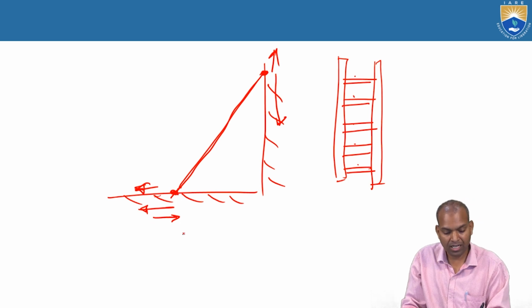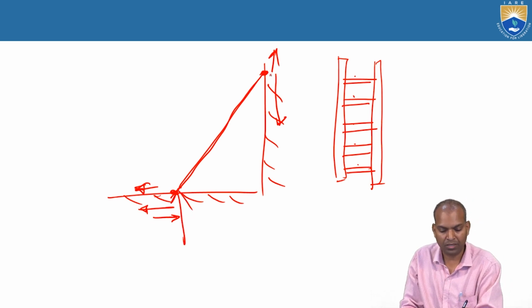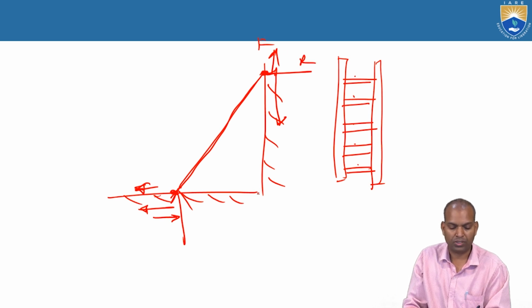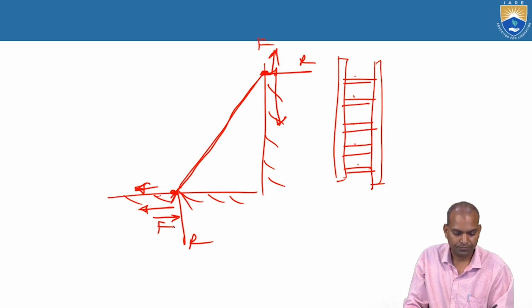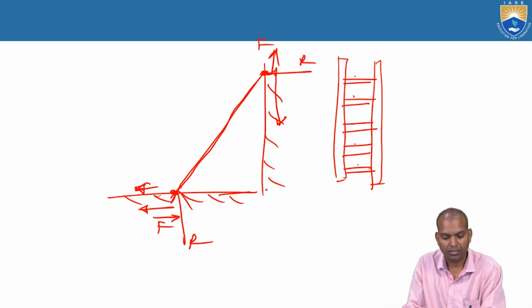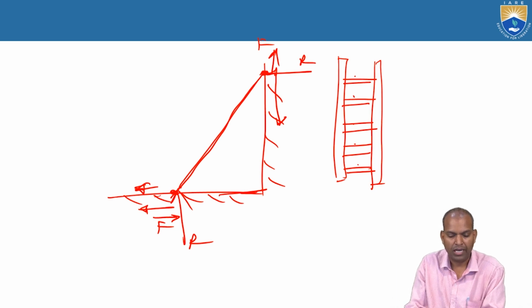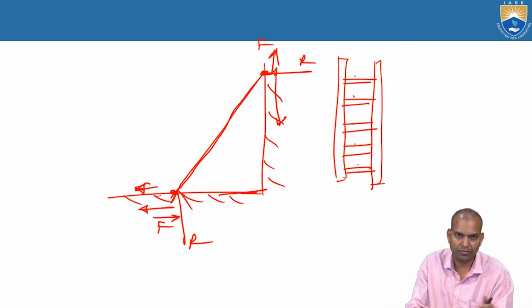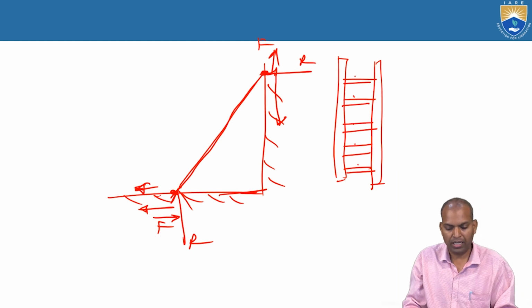There will be a normal reaction, normal to the surface, and the frictional force F. So we use equilibrium conditions again and solve for the coefficient of friction and the normal reaction. Okay, I have already summarized.